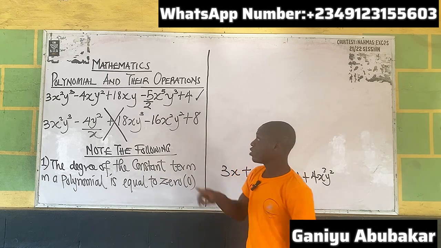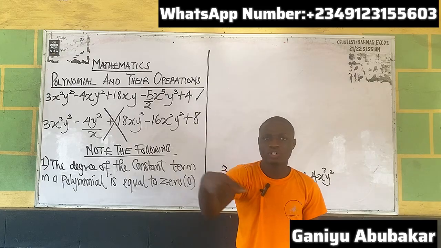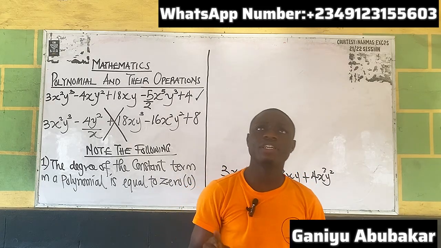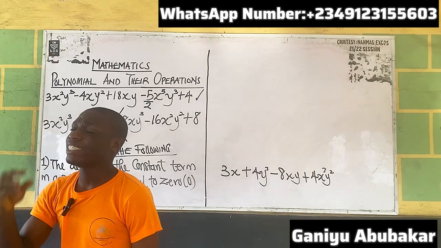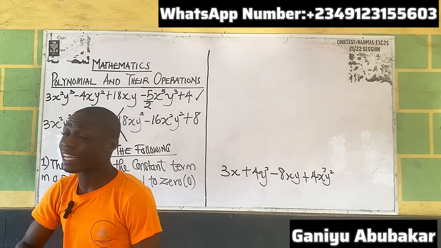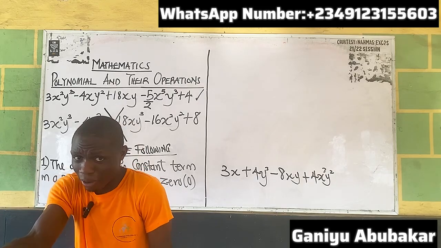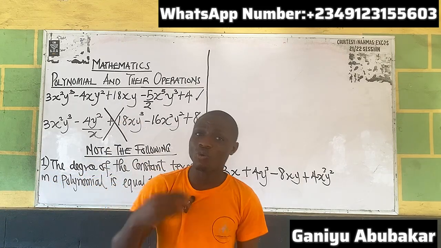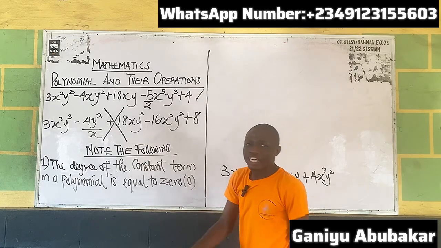Now listen, if you check this one here that I've said is correct, which one is a constant term? In mathematics generally, a constant term is simply a number that doesn't have either x or y attached to it. In this case, this 4 and 8 stand alone.